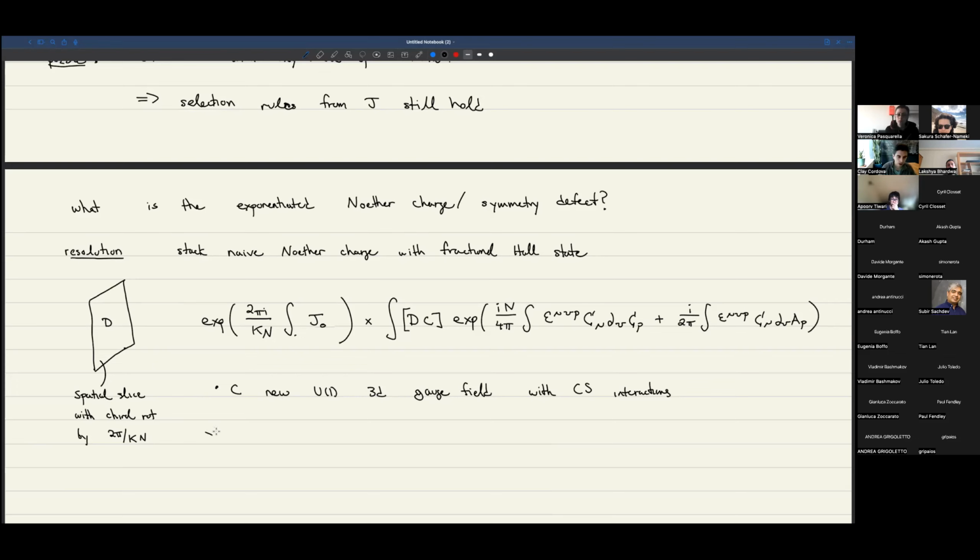So I said this in words, but what else can we say? It couples to the bulk via this C wedge F term. This is the F of A.